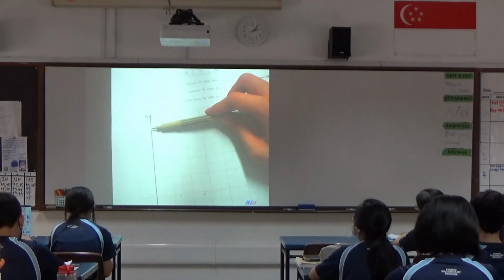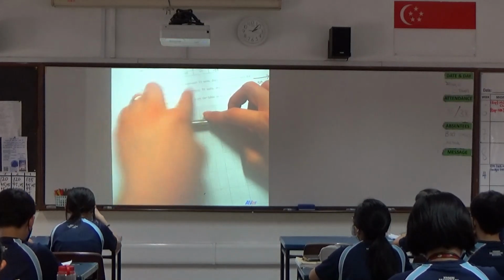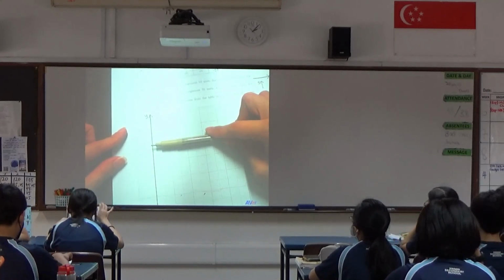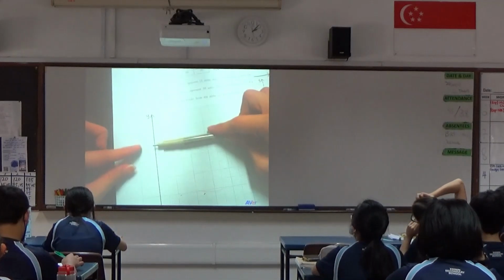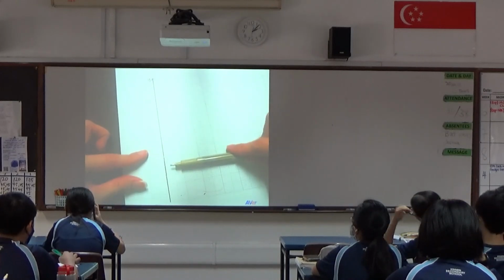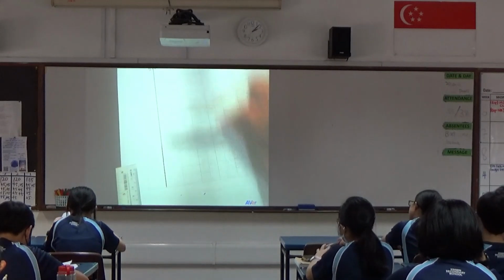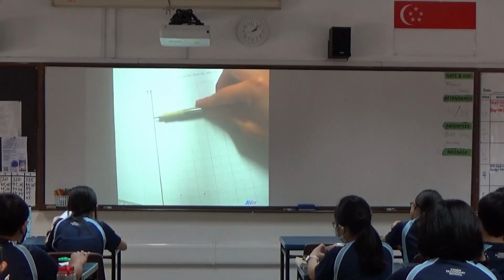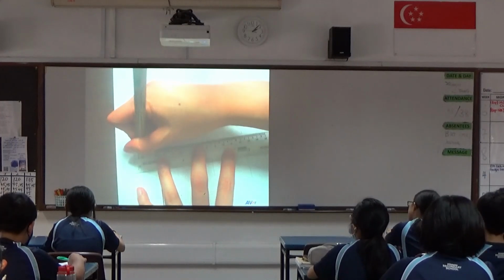If this is the highest point, 150, and 2 cm represents 50 units, then for the next big square I minus 50 units because I'm going downwards. So 150, next is 100, then 50, then 0, then negative 50, negative 100, and finally negative 150. So the numbers can fit in. Therefore, going back, 150 is here, 0 will be here, and therefore I put in my x-axis.